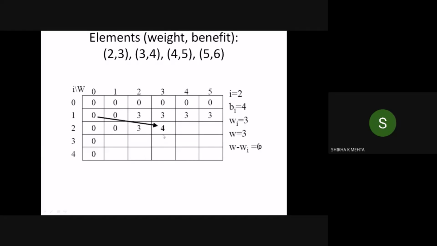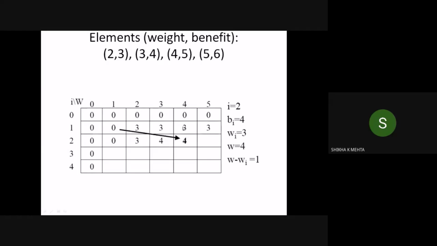Now, for the knapsack weight 3, the benefit associated with that is 4. So we have written this value of 4 over here. Now if we see both of these two items, their total weight of 2 plus 3 is equal to 5, but the knapsack capacity here is 4, so we will be repeating this value, right?